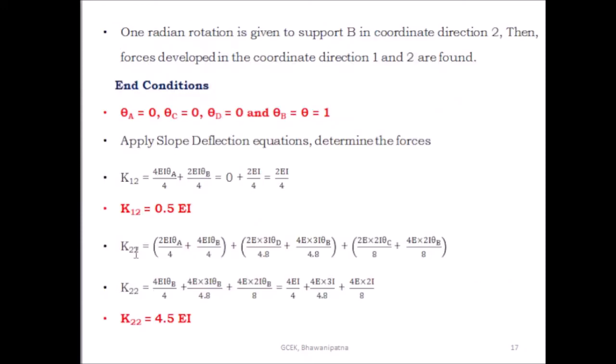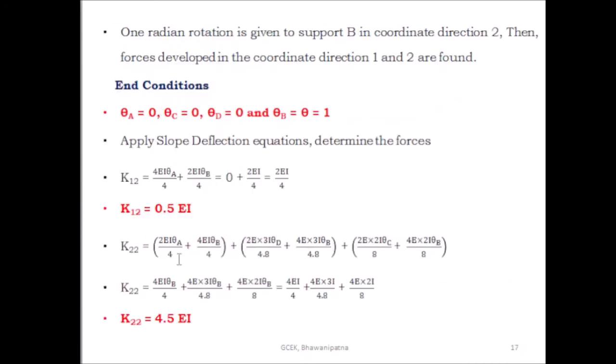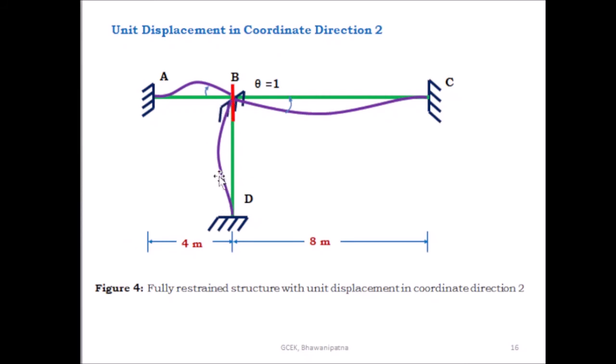This is from the AB span: 4EI theta B by 4 plus 2EI theta A by 4. Then from the BD span, 4EI theta B by 4.8, then 2EI theta D by 4.8.